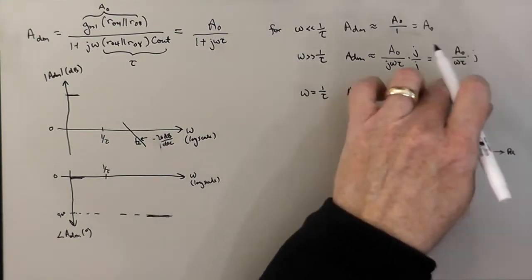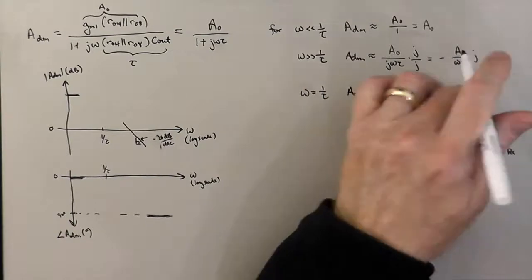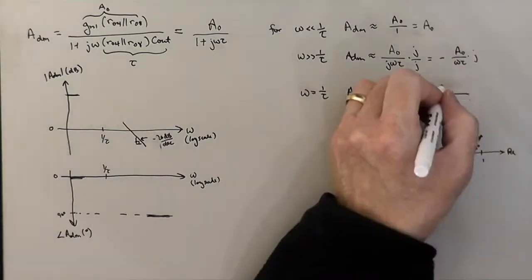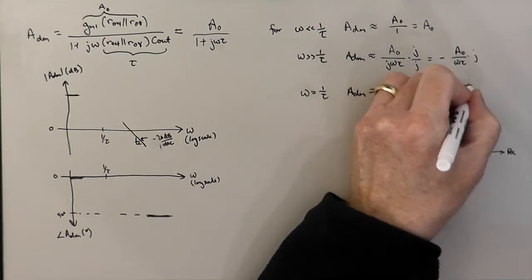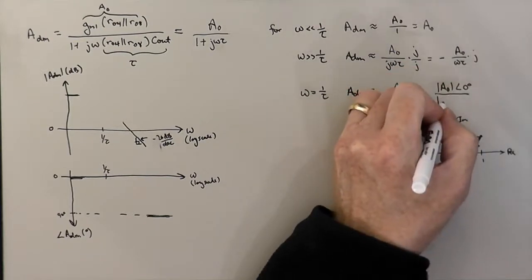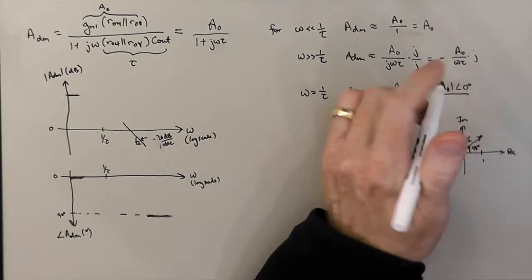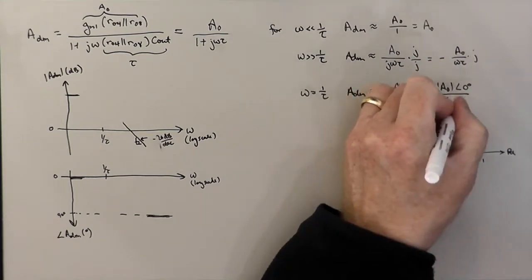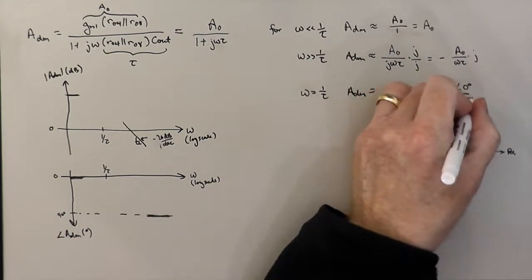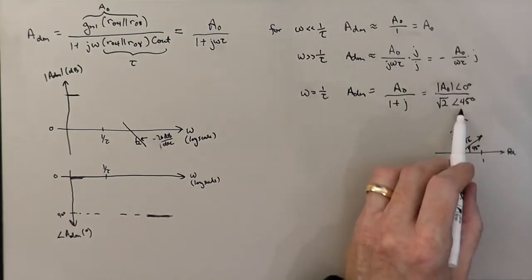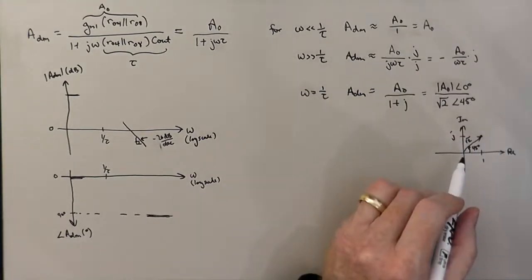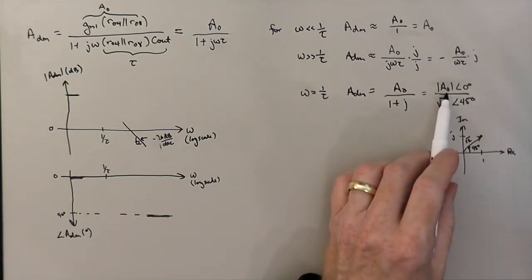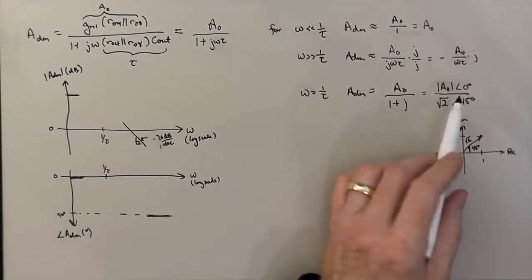I'm going to write this using a different notation here, what's typically called phasor notation, where we have the magnitude of A0, angle 0, and the magnitude of the denominator is root 2, angle 45. So this just means root 2 times e to the j times pi over 4. And this is the magnitude of A0 times e to the j 0.